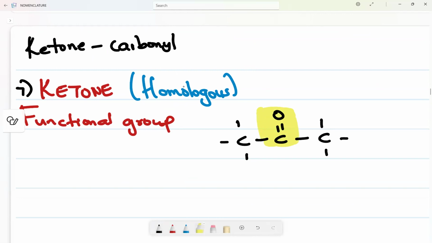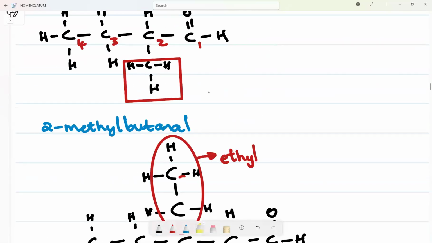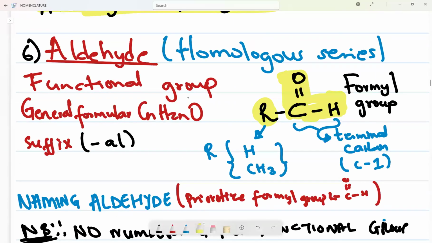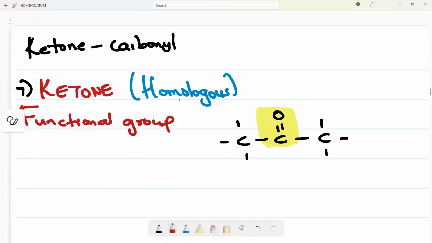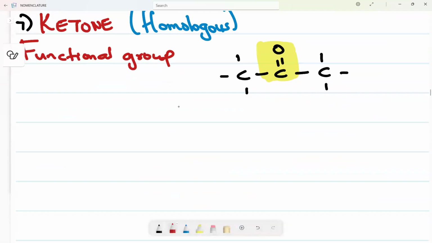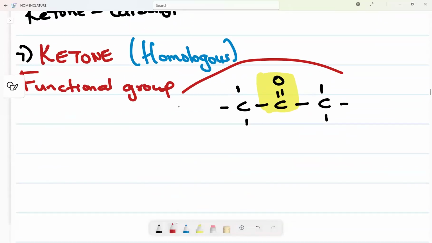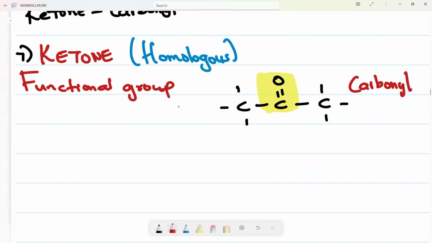Why? Because the double bond O here is between carbons, whereas the double bond O was on the first carbon. This should always be the first carbon, okay? This one should be between carbons. Can you see now the difference between the two? So now, this is what you draw when they say draw the structure of the functional group, okay? So the functional group of this one, we refer to it as ketone, the same name, carbonyl, okay?